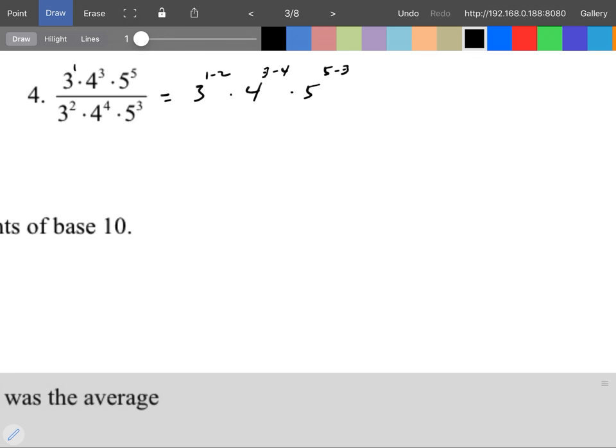Okay? So that's not too bad. So then we'd end up with 3 to the, well, 1 minus 2 would give you a negative 1. And then the 3 minus 4, that's another negative 1 exponent. And then times 5 to the 5 minus 3 is 2. So 5 to the second power.